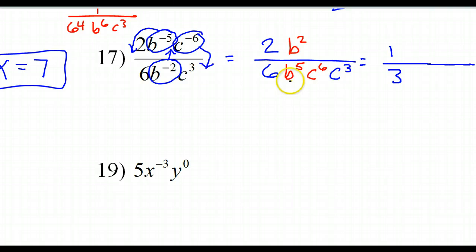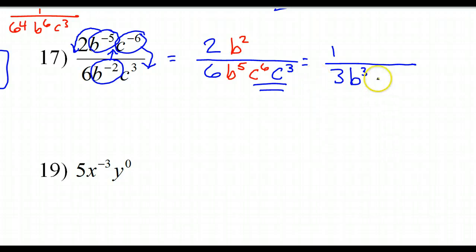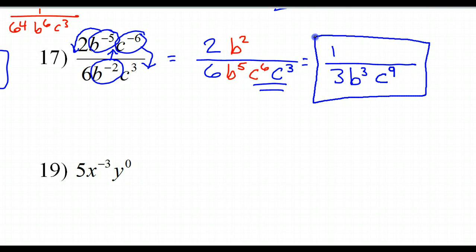These two b's are going to cancel out 2 of these b's and leave b to the 3rd power. These c's, I can just put them together and make c to the 9th power. And that's it. We have to keep the 1 up there because it's the only thing holding the numerator. So that's how you do number 17.